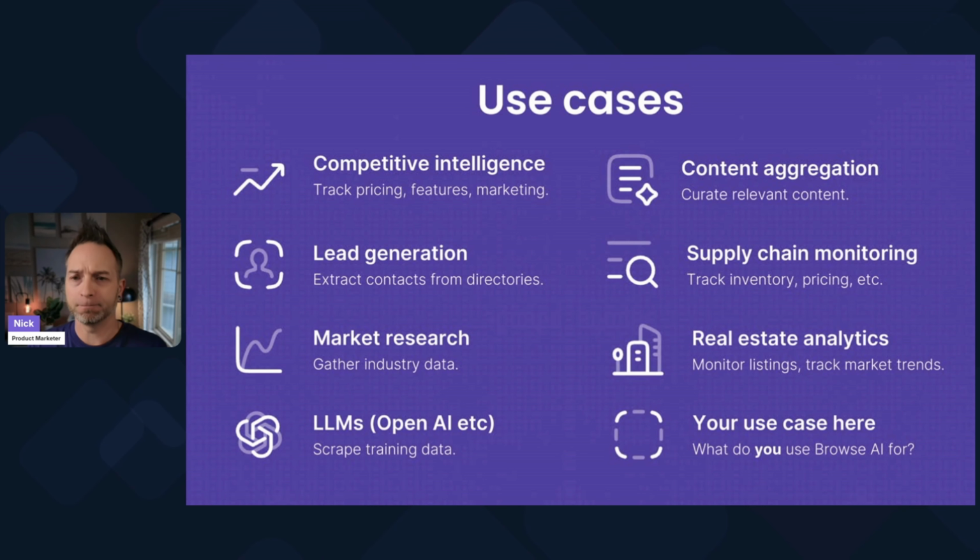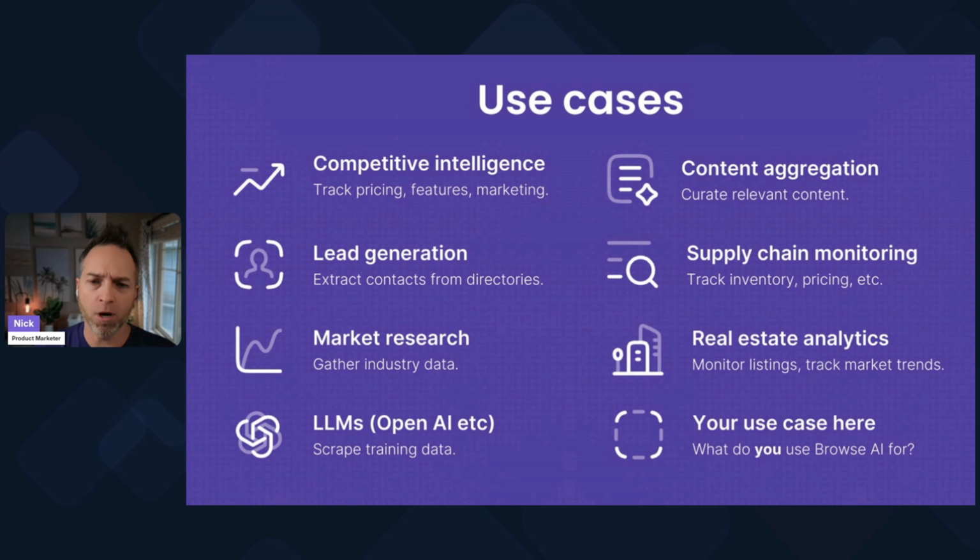Few use cases. I know lots of you have different use cases than these, and I'm going to ask in a minute to provide some of those if you wouldn't mind. But some of the more common ones are competitive intelligence, so tracking pricing, features, marketing from maybe your competitors or even your own website, if you want to keep track of what's on your own website.